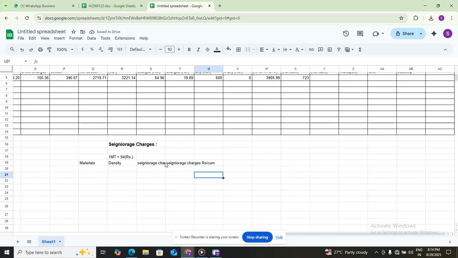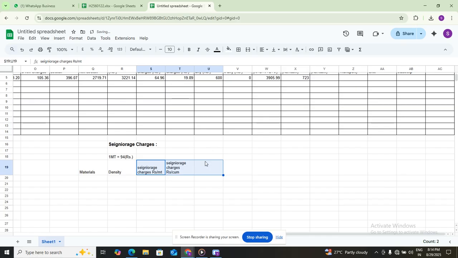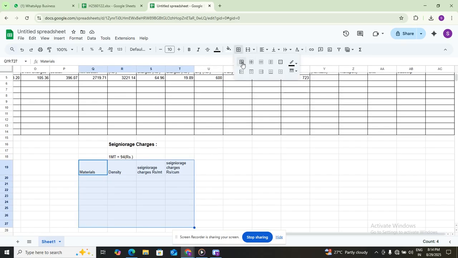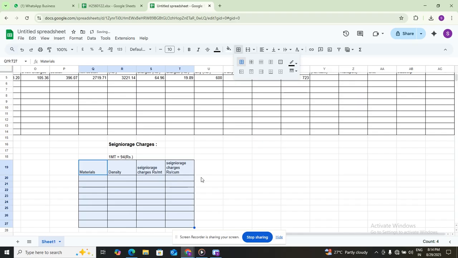These are the four columns of the table we need to create. One metric ton is 94 rupees, and we need to convert that material into meter cube.